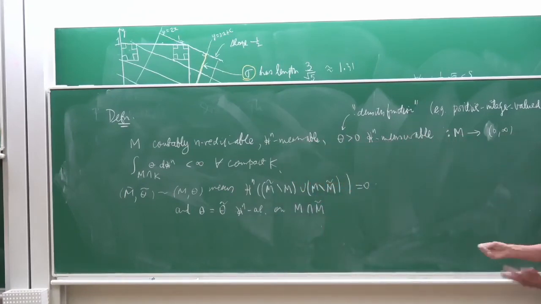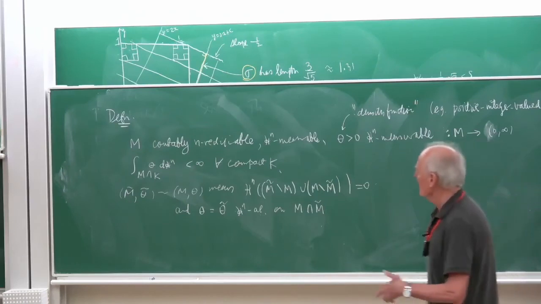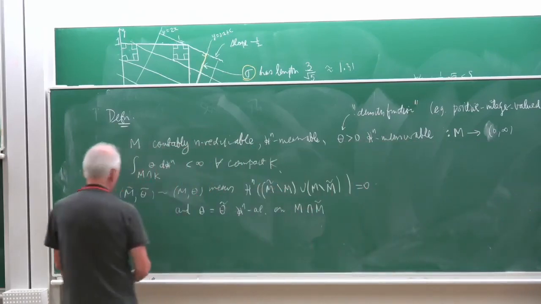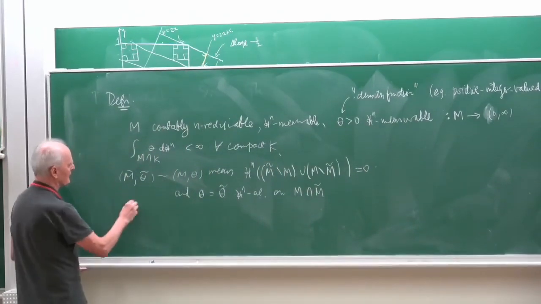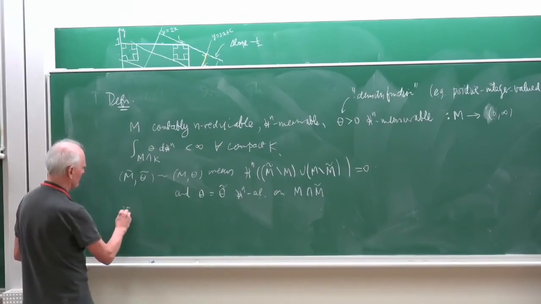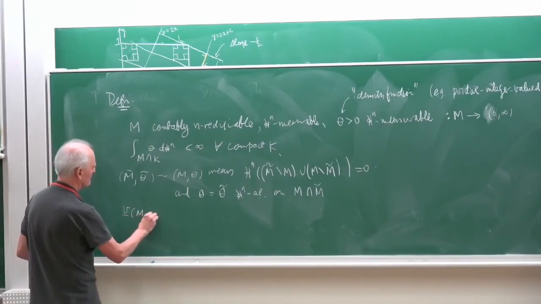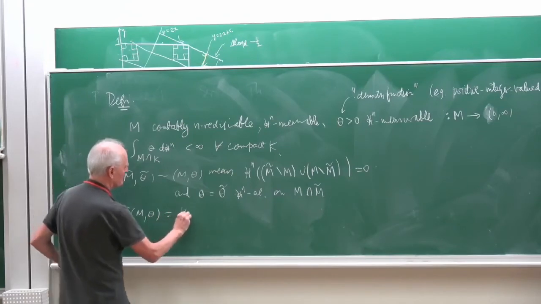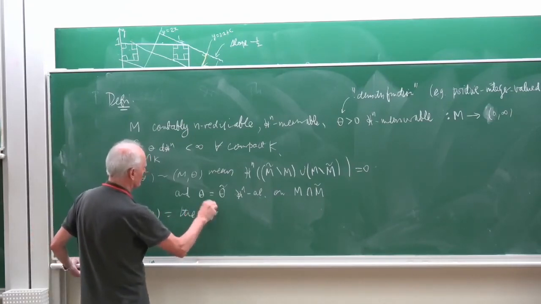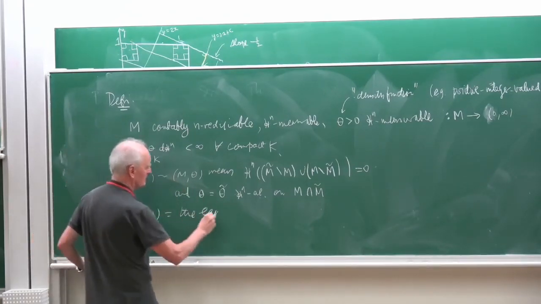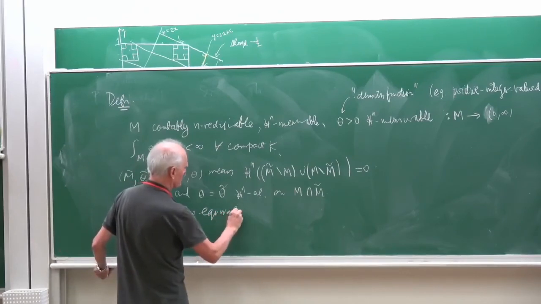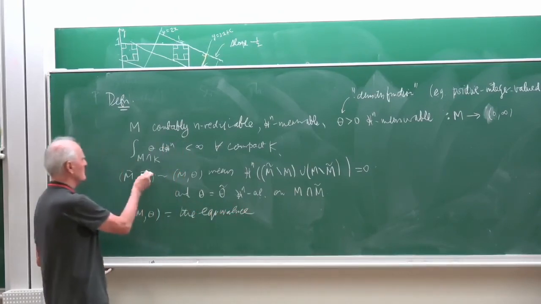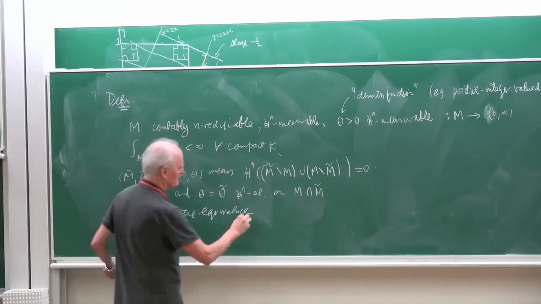So there's an equivalence relation there. And the rectifiable varifold is just the equivalence class of (M, theta), written V(M, theta), the equivalence class relative to this equivalence relation. So you can think of it as the set of all (M tilde, theta tilde) equivalent to this.